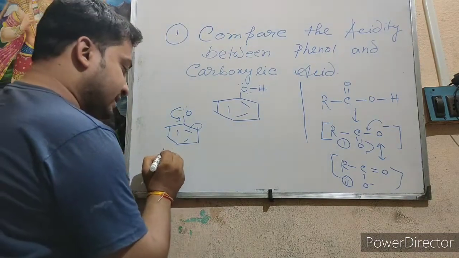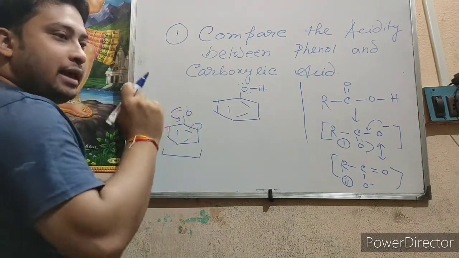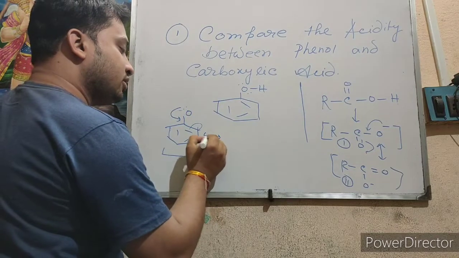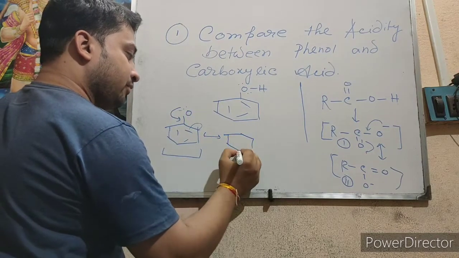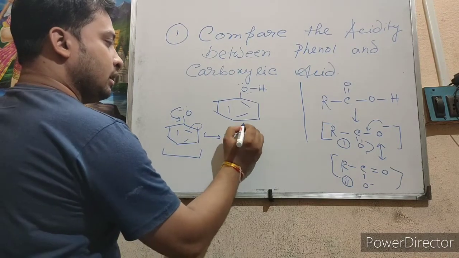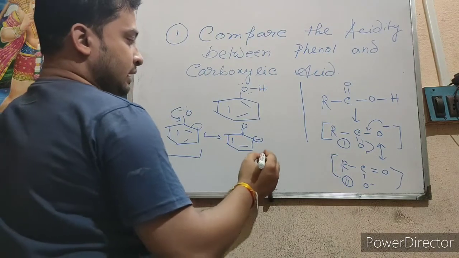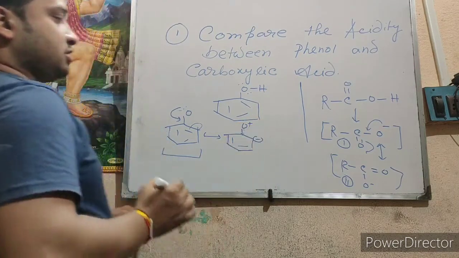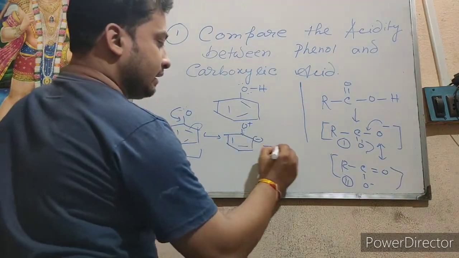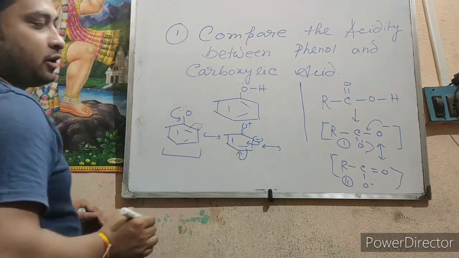So the percentage of participation of this structure is maximum, but in its other resonating structures, with minus and partially double bond, it shows positive charge, and it is going on.